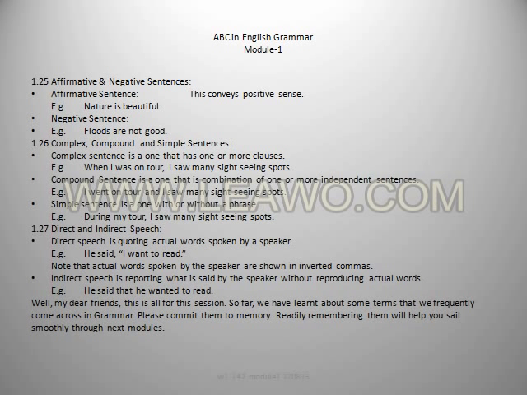Example, I went on tour and I saw many sightseeing spots. A simple sentence is one with or without a phrase. Example, during my tour, I saw many sightseeing spots.